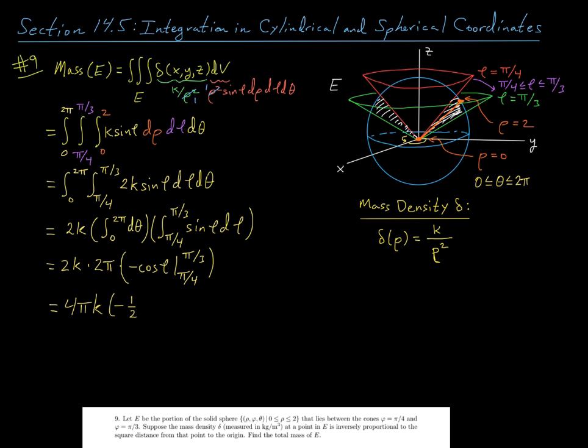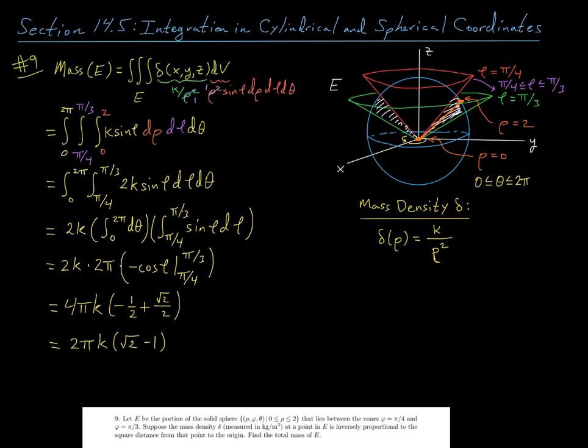And then cos of pi over 4 is root 2 over 2, and we're going to get a minus root 2 over 2, so in other words, a plus root 2 over 2. And so here I'm going to get root 2 minus 1 all over 2, but this 2 in the denominator can simplify with this 4, so altogether we'll get 2 pi k times root 2 minus 1.